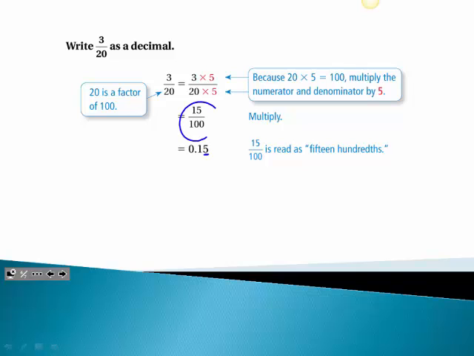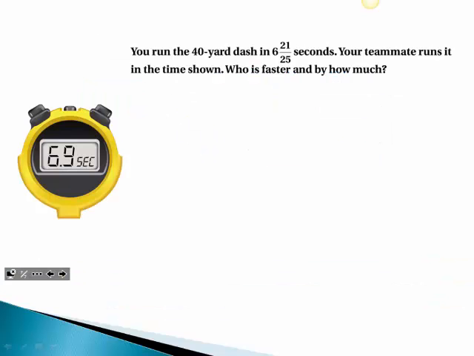Same thing as this, 15 hundredths. You read them the same way because they're the same number. So if you can turn your denominator into 10, 100, 1,000, 10,000, and so on, you can just put it into decimal form based on the place value. Okay? All right, let's try a word problem.